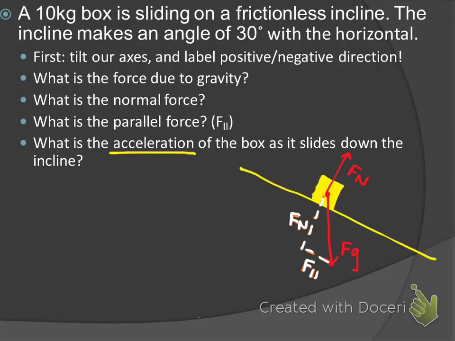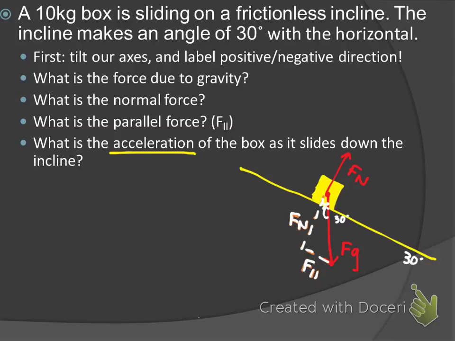There's no friction. So the first thing we're going to do is solve for the force due to gravity. Since our incline is at a 30-degree angle, that means that 30 degrees also goes right here, always to the angle that touches the object, or touches the origin.